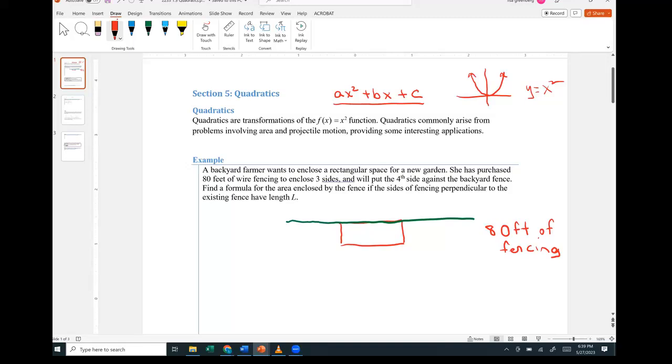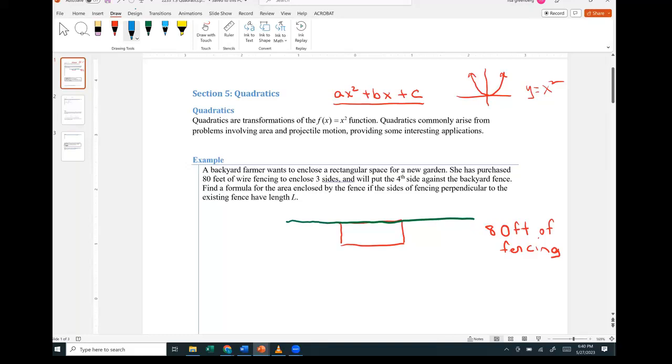Perfect. And we'll put the 4th side against the backyard fence. Find a formula for the area. So we want the area enclosed by the fence if the sides of the fencing, perpendicular to the existing fence, have length L.